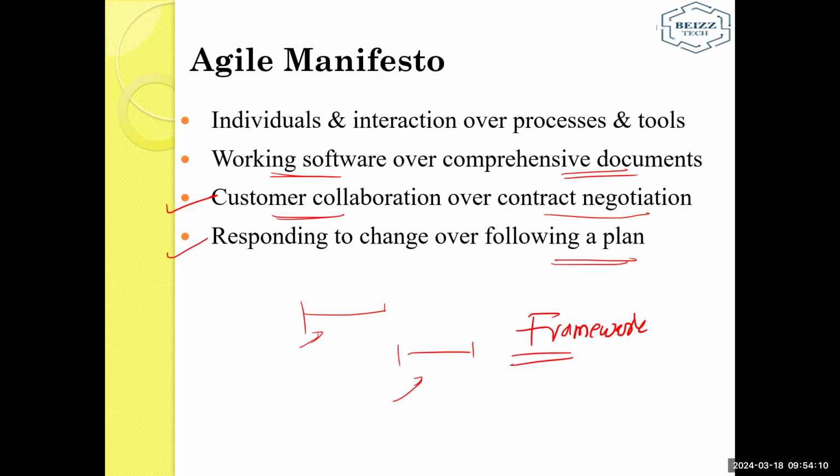So which frameworks are popular in Agile? Basically, there are different names. We have the Scrum framework, the Kanban framework, and extreme programming, right? These three are very popular. But for development in IT, the one we follow is called the Scrum framework.